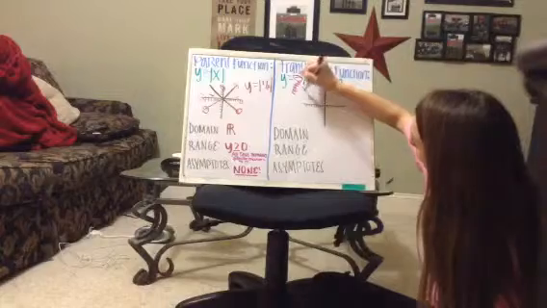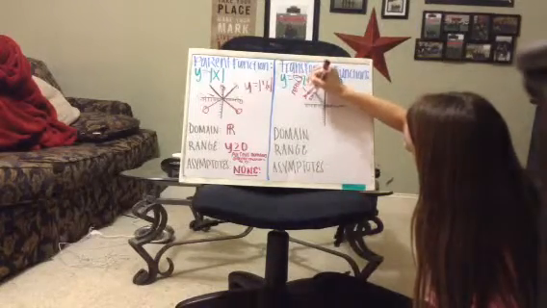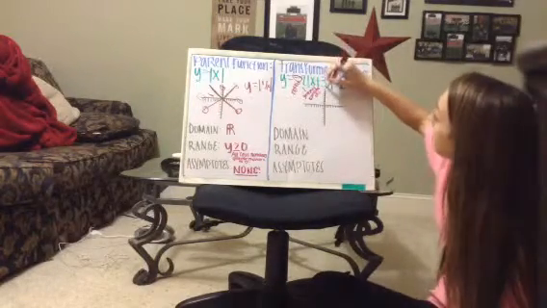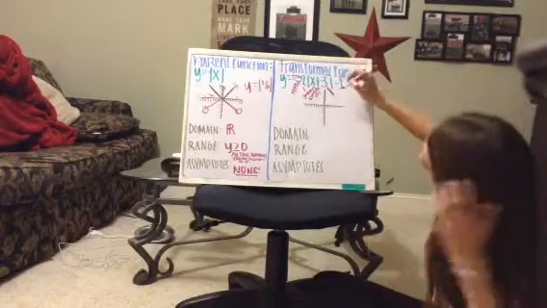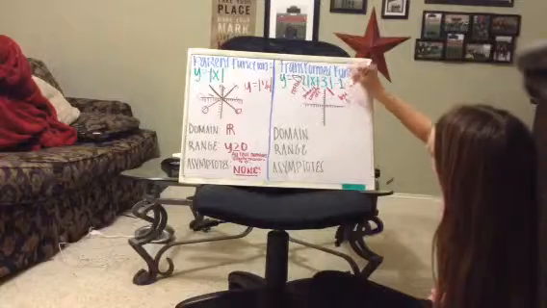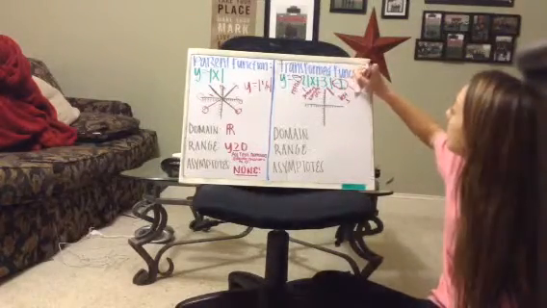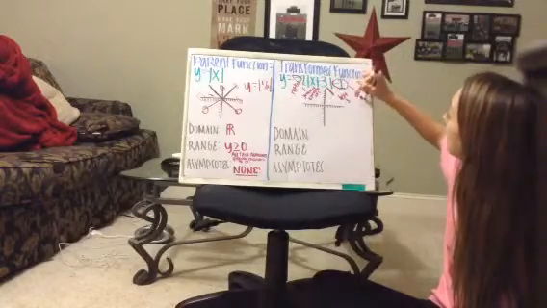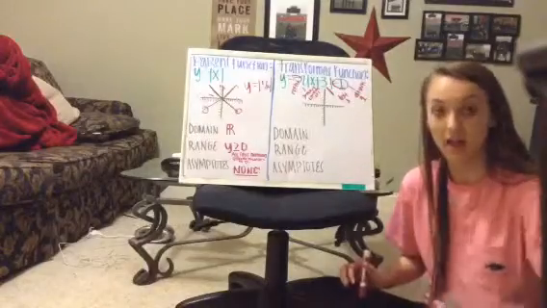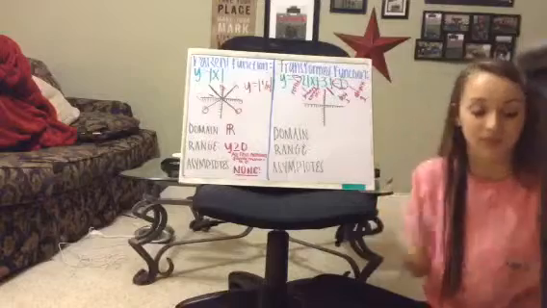This right here is a stretch or compression of 2. The 3 right here is going left 3. And the -1 right here means I'm going down 1. I pretty much just summed all that up. I have my script right here because it's so much easier to look and remember what I'm trying to say.